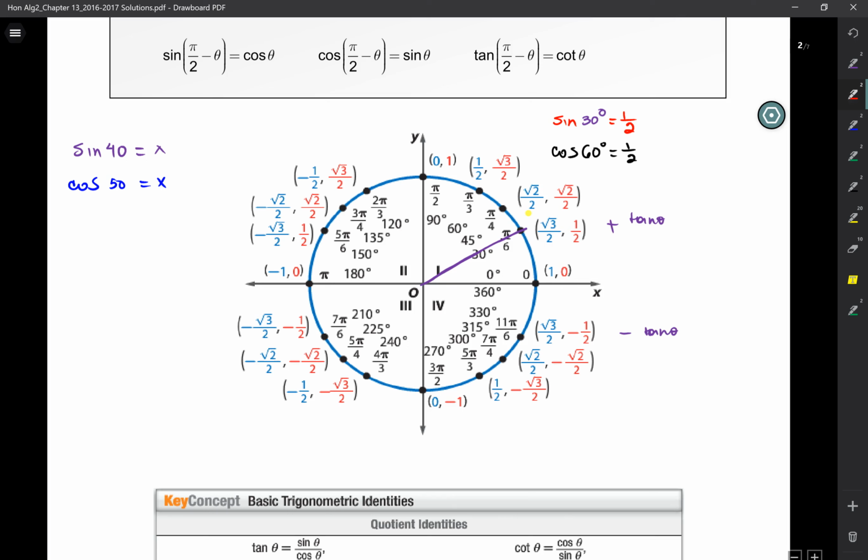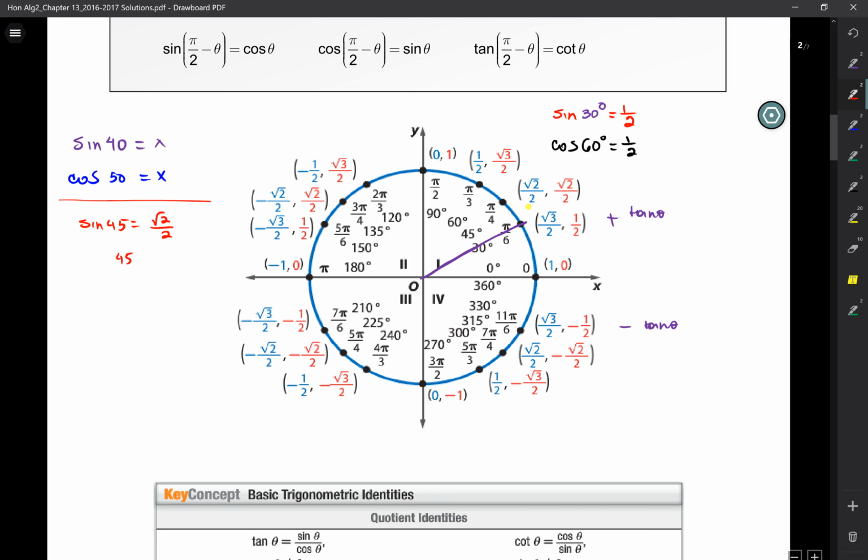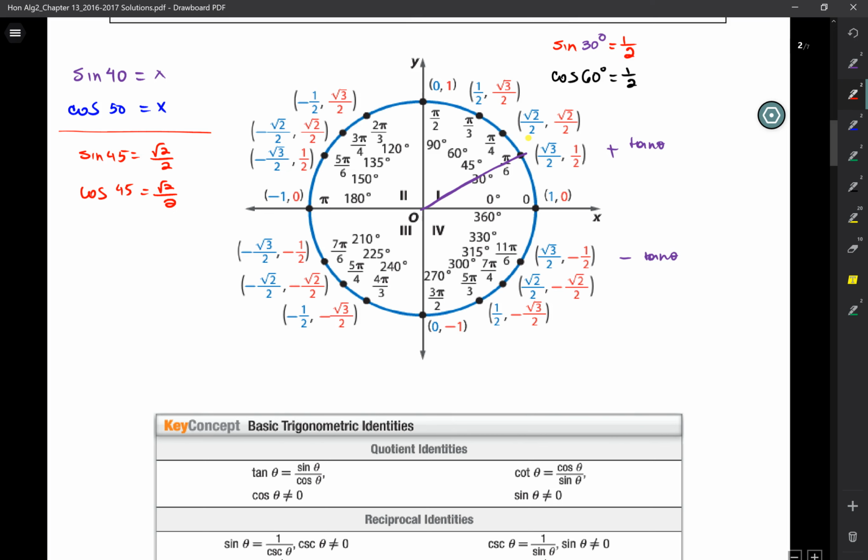That's exactly why. For the 45, it's the same. So sine of 45 is equal to √2/2. What's the complement of it? Yeah, exactly.